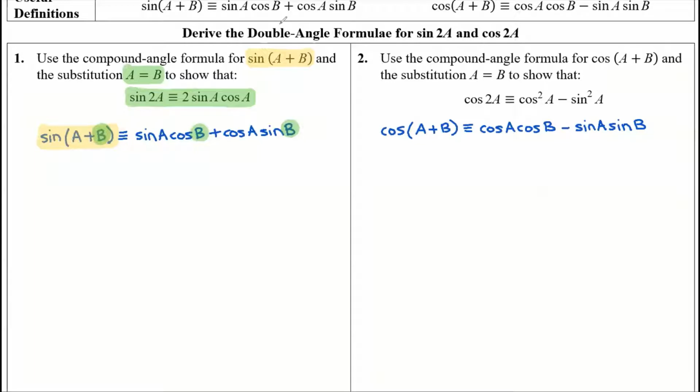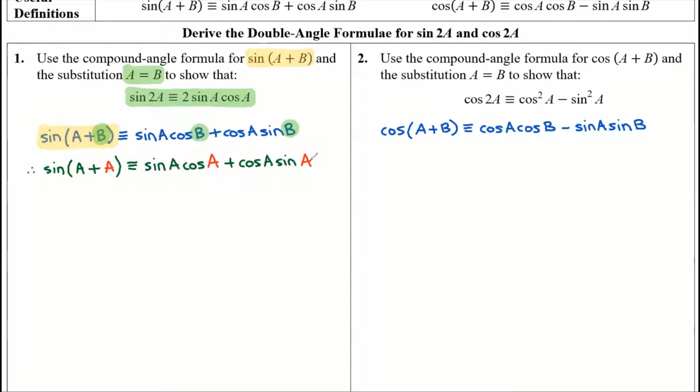So let's write out the next step. So therefore, the sine of A plus, like I said, I'm replacing all the B's with A's, is identical to the sine of A multiplied by the cosine of A. And then we add the cosine of A multiplied by the sine of A again, because we're making that substitution across the board.